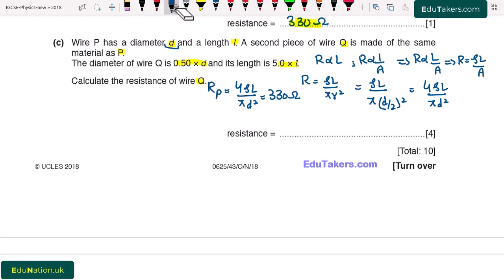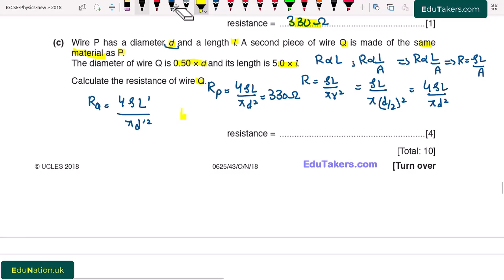Now for wire Q, RQ will be equal to 4 rho L prime over pi D prime squared. Q is made of the same material, which means the resistivity of both wires will be the same.